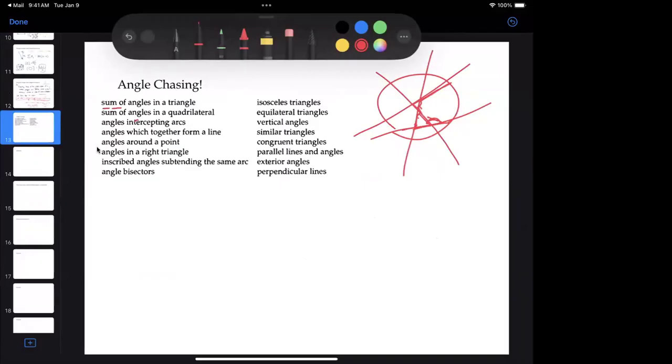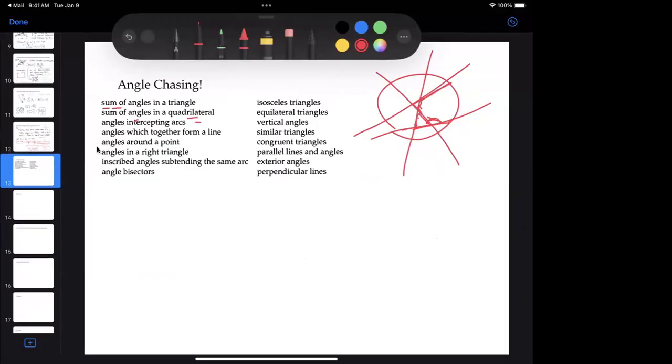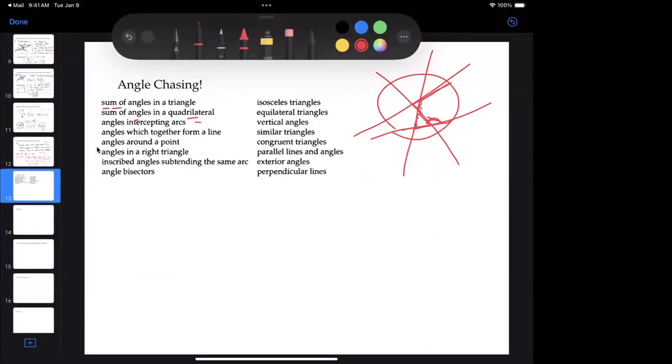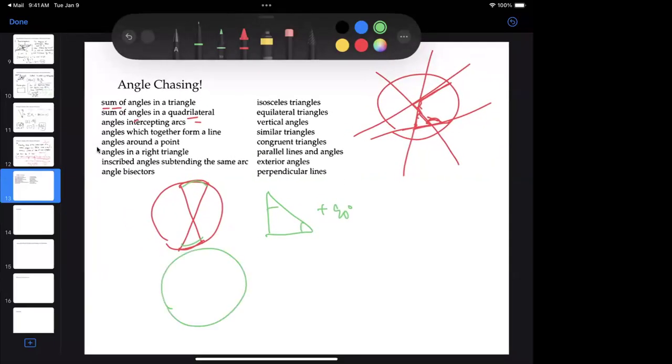And then angles in a quadrilateral works the same way. Intercepting arcs just means these arcs. And then angles around a point, angles in a right triangle, they add to 90 degrees. Inscribed angles subtending the same arc have equal angle measures.